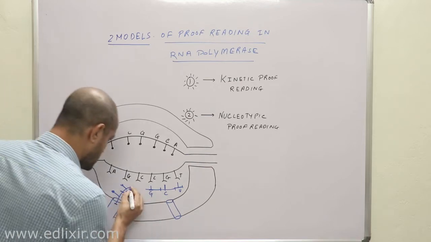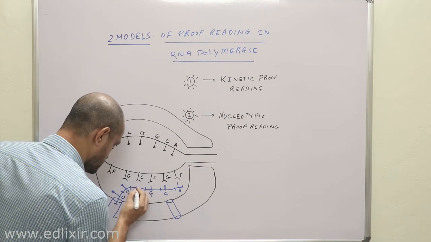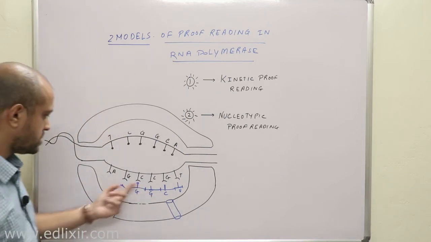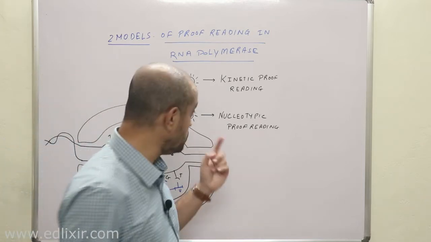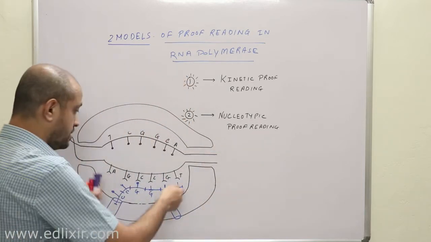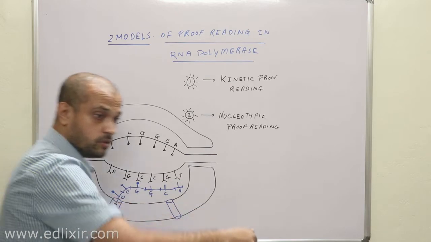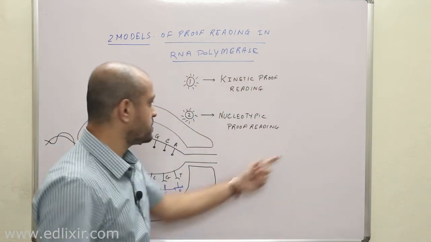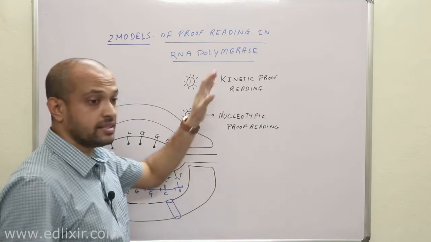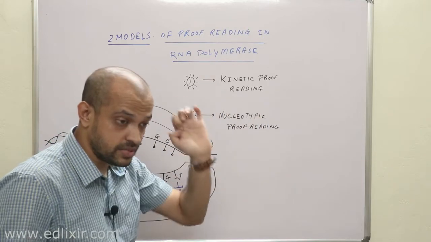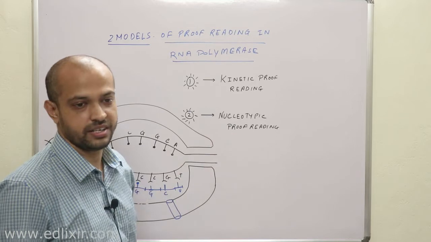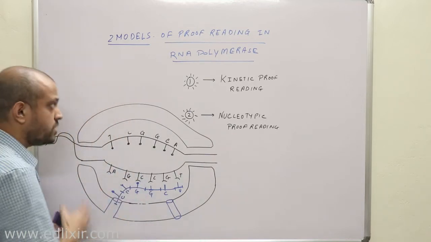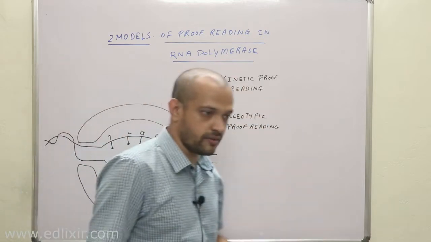It will replace only this portion of RNA with G. That's it. So this is nucleotide proofreading. That means when a good number of nucleotides has been incorporated into RNA, then nucleotide proofreading takes place. But when the mistake has just happened, then kinetic proofreading takes place. Clear? Okay. So now we know what is proofreading of RNA polymerase.